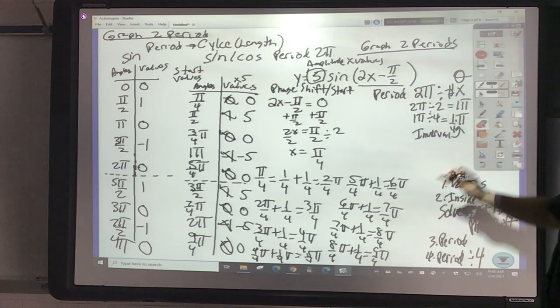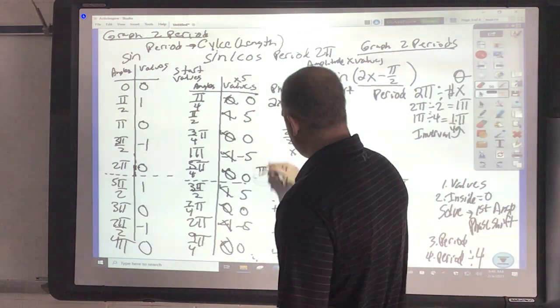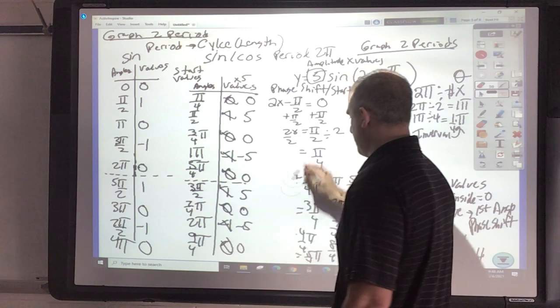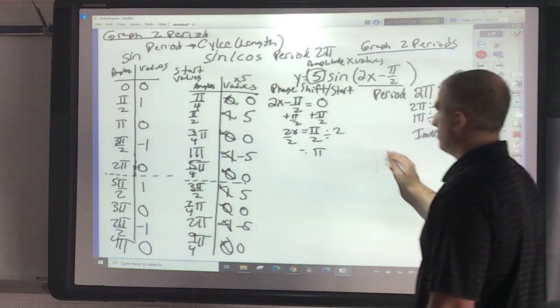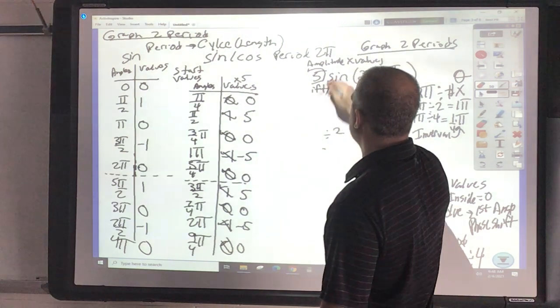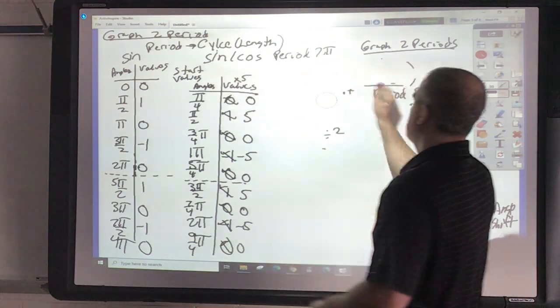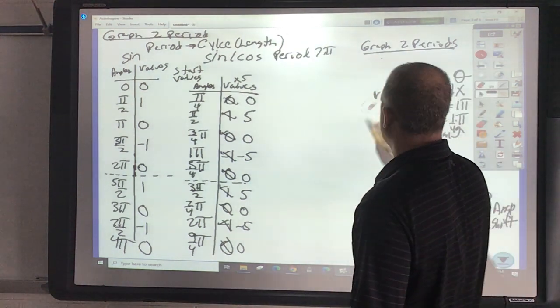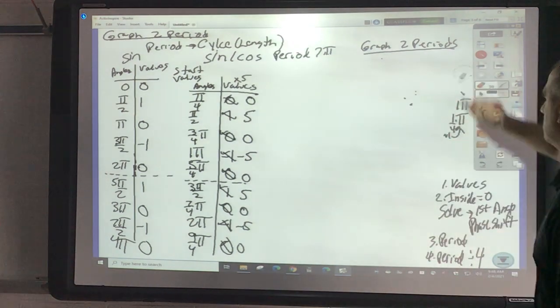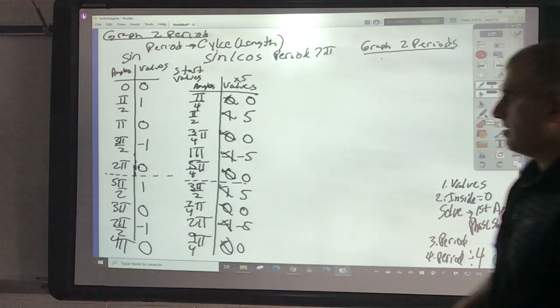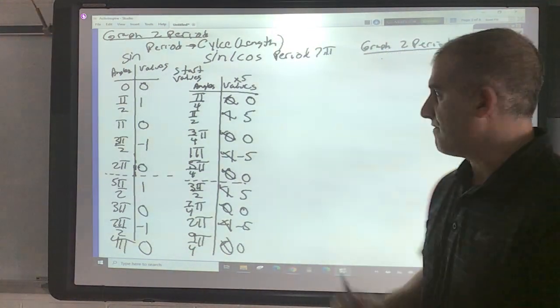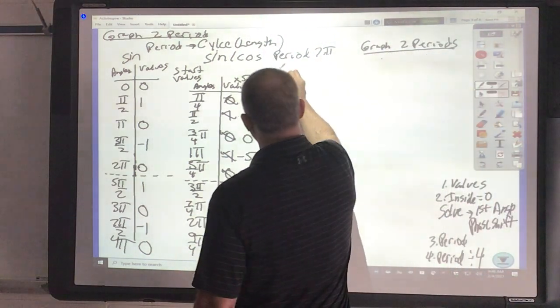Now, how do we end up making our graph? I've got my angles and I've got my values. The big thing is to write the values in first, and then figure out your angles. This is where you have to have a little bit of knowledge about how fractions work.